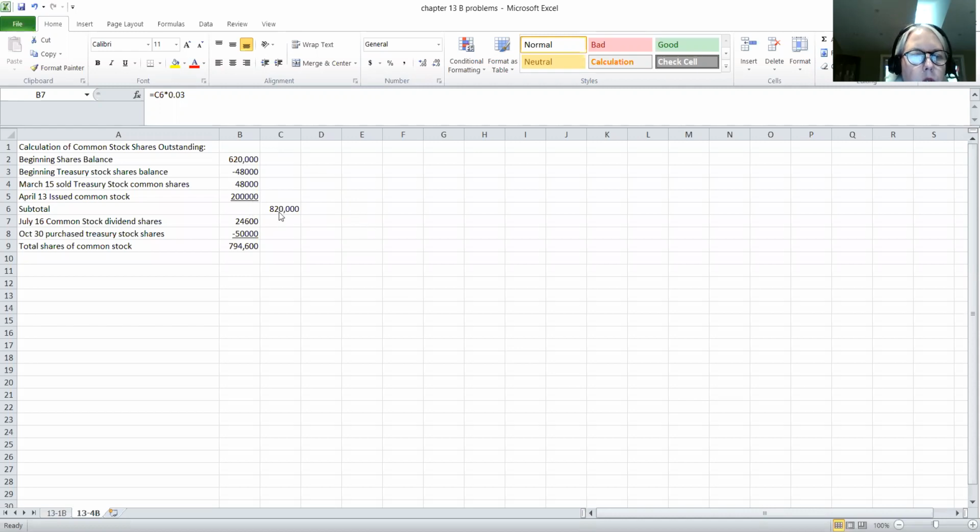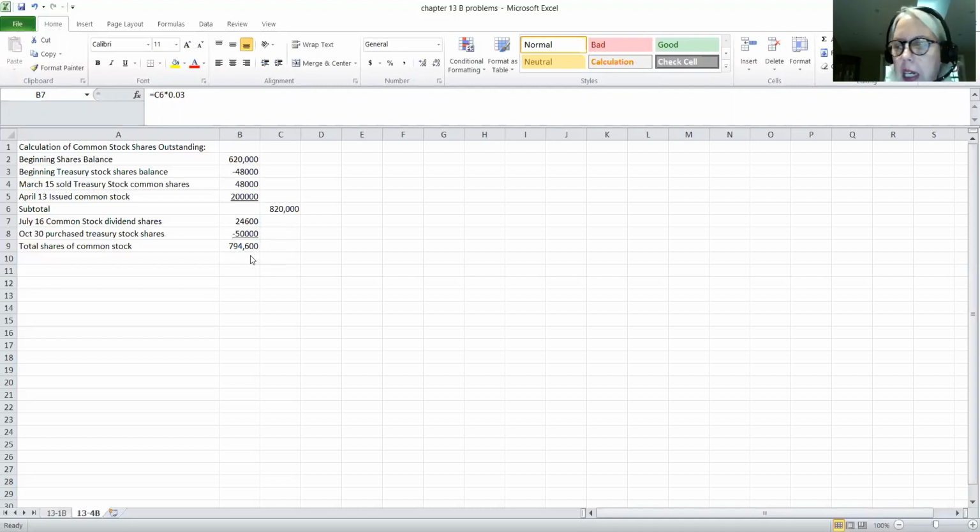So to the subtotal, we're going to add the common shares dividends that we distributed as of July the 16th. And then we're going to back away our Treasury stock shares that we purchased. And that will give us a total shares of common stock.